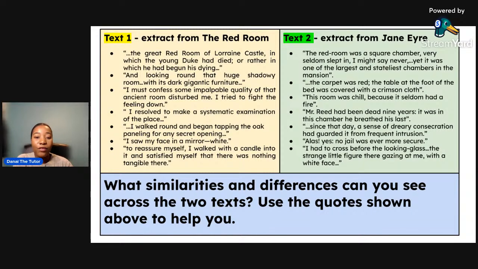Okay, 1 minute left. So looking at the quotes that are on the screen, what similarities and differences can you spot across the two texts?